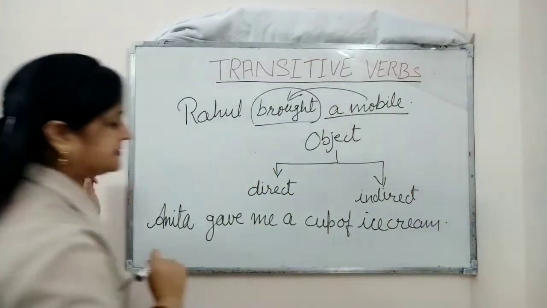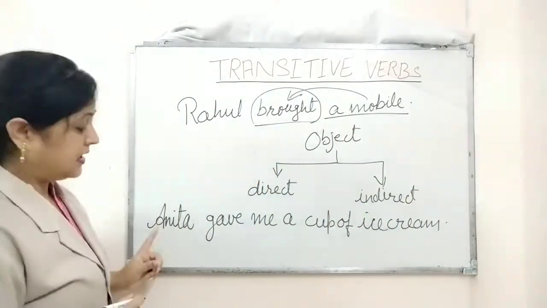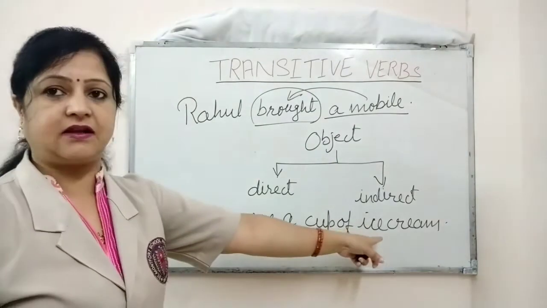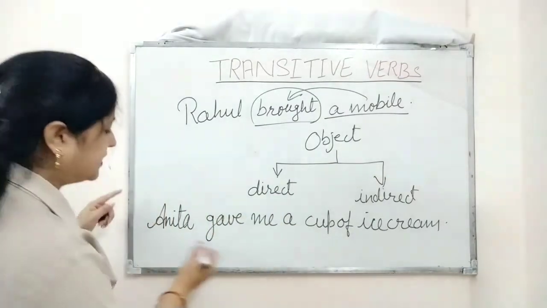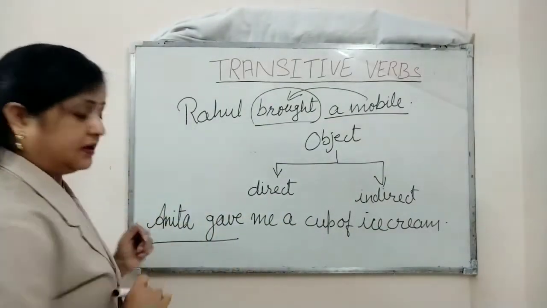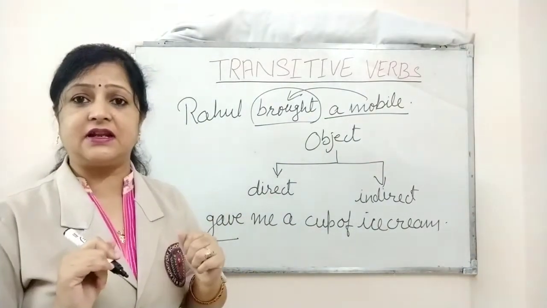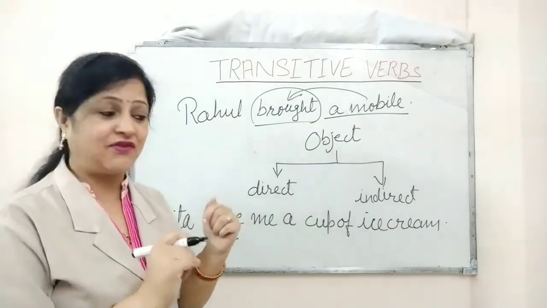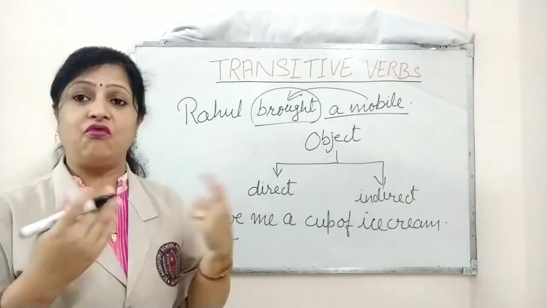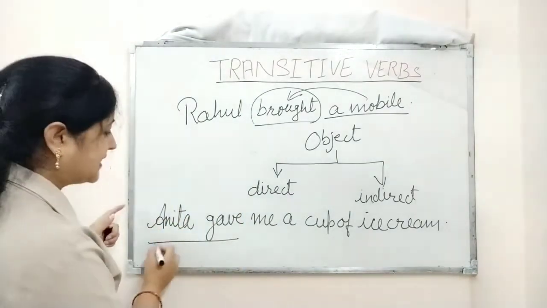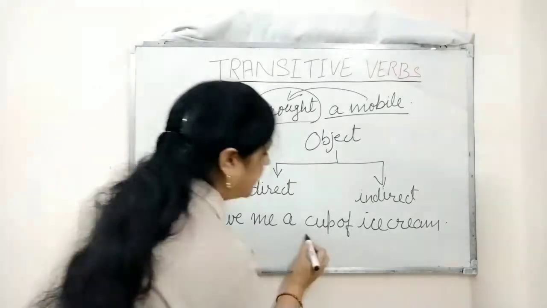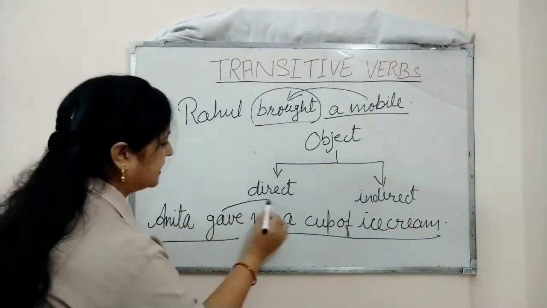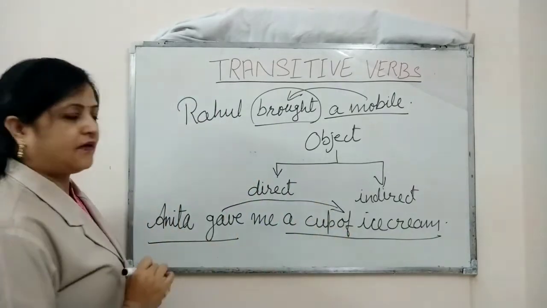If I say only Anita gave, then you might ask the question, Anita gave you what? The answer will be a cup of ice cream. So the direct object of Anita gave is a cup of ice cream.